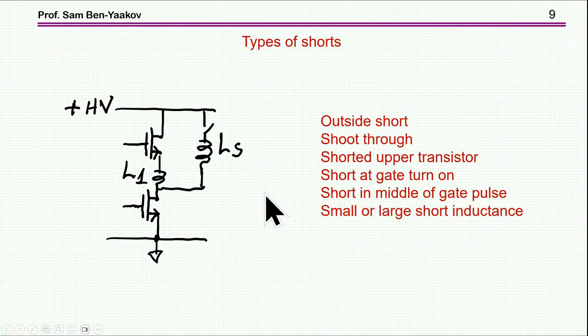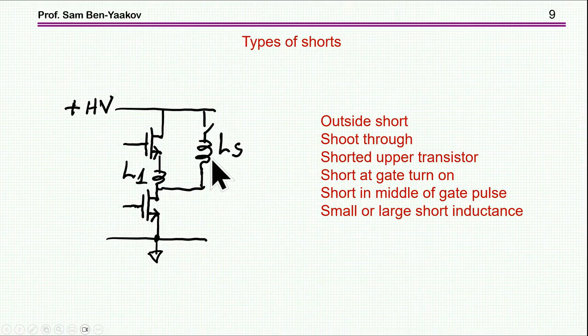Let me talk now a little bit about shorts. Well, there are many kinds of shorts. I'm showing here, for example, a short to the bus voltage. In fact, there is a standard in which you have to expose an inverter to this type of short. So we connect the bus directly to the midpoint, so when this transistor is on, there's surely a short.